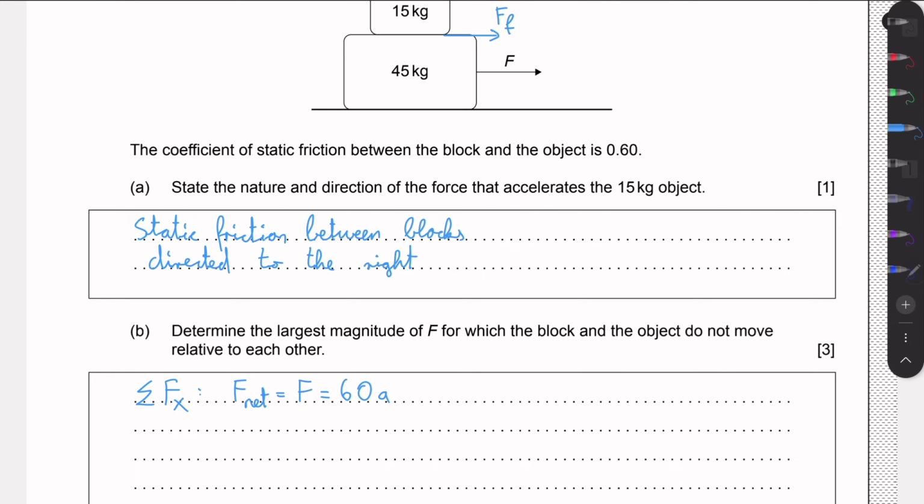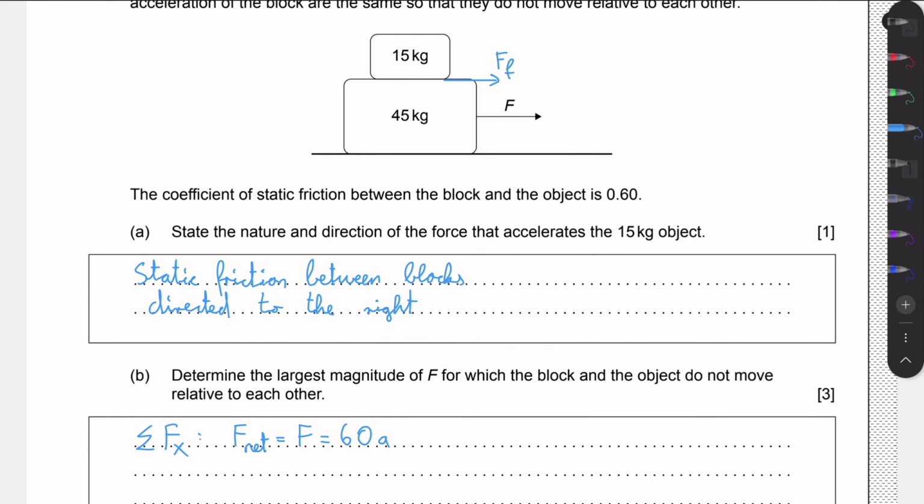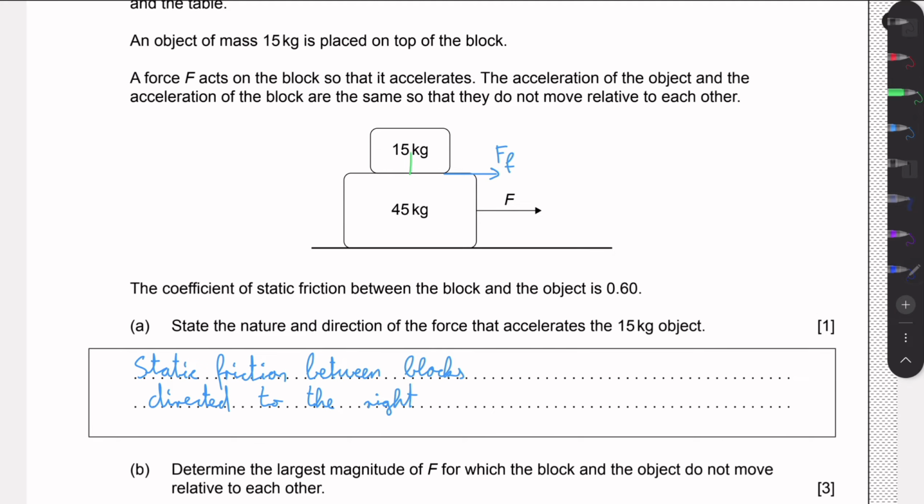We can also express the magnitude of this frictional force, as if we remember there's going to be a normal force at the surface between the blocks, and frictional force is equal to the coefficient of static or dynamic friction, here static, times the normal force.